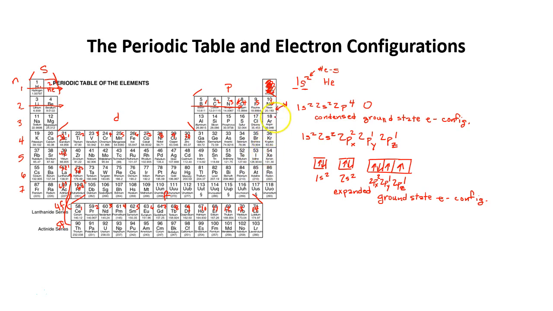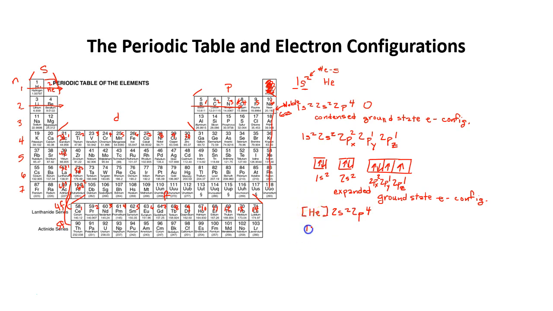This column right here represents your noble gas column. These are the most stable elements on the periodic table. All right, and so the noble gas that comes before oxygen is helium. So we'll write helium in brackets. And then we write everything else, right? So that'll be 2s2, 2p4, all right?